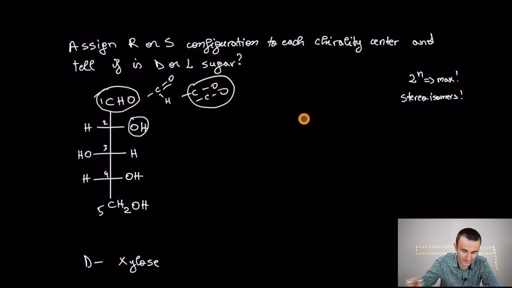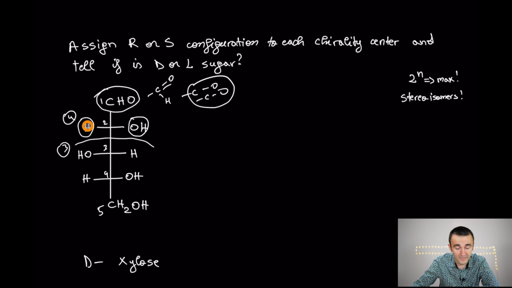So this is the highest priority, and the group below stands for the third position. This is going to be fourth, because the hydrogen is above the plane. Now we have to invert the configuration that we find. First, second, third means S straight, but because hydrogen is above the plane, this is going to be our configuration.